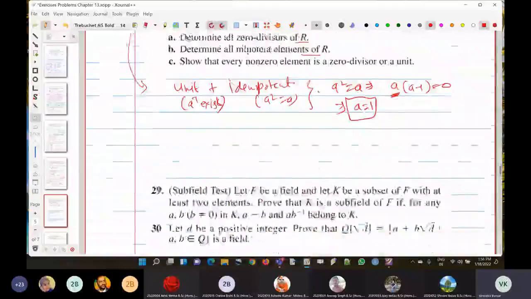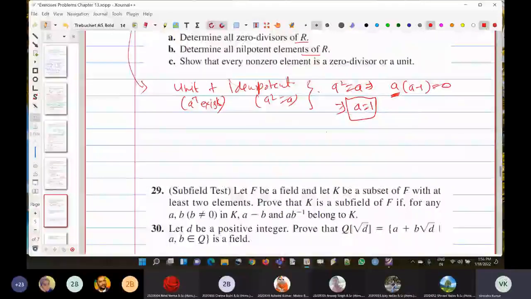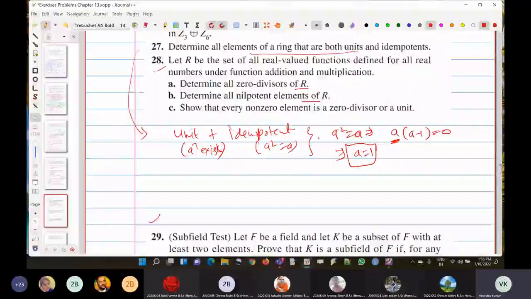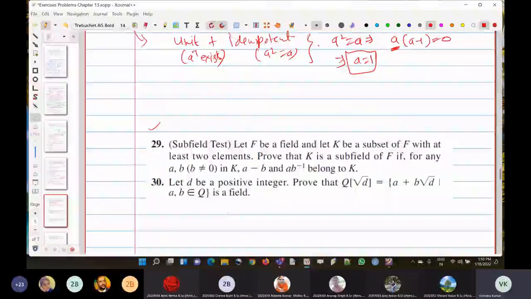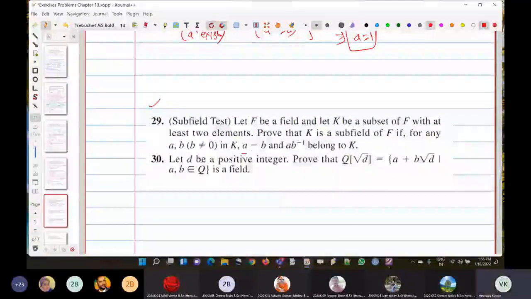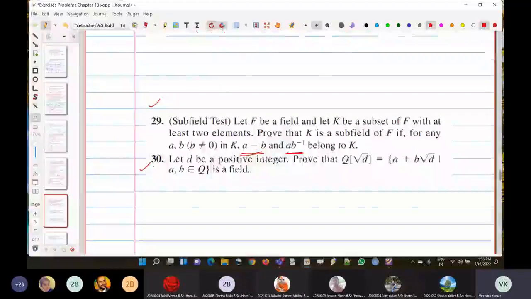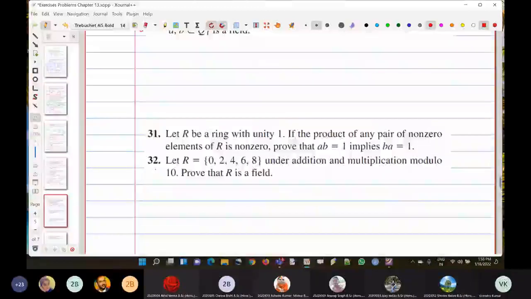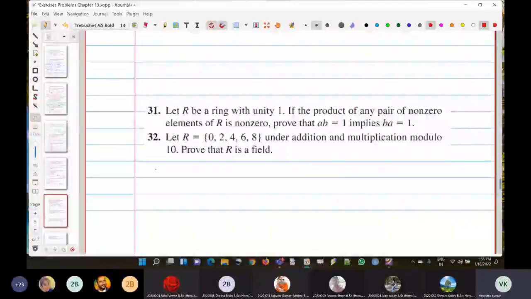So you can do these examples. Question 29 is the subfield test also. The similar test is there: the difference should be in that set, and instead of product there should be this kind of thing. And you need to prove that this is a field. So I am leaving them for you to prove.